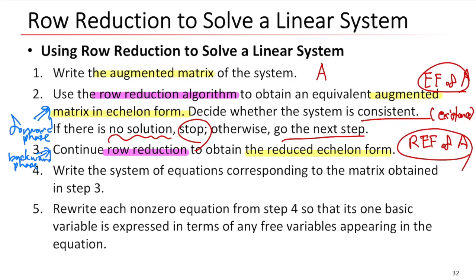If we get the reduced echelon form of the matrix A, we write the system of equations corresponding to the matrix obtained in step 3. So this is a reduced echelon form of the matrix, right? So from the system of equations, we can determine what are the basic variables and the free variables.